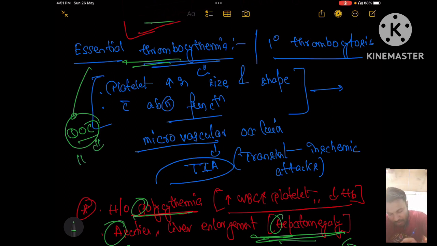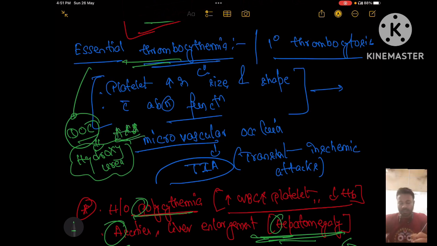It is a very important MCQ. The drug of choice for essential thrombocythemia, or primary thrombocytosis, is hydroxyurea. Always remember it. Next is polycythemia vera.